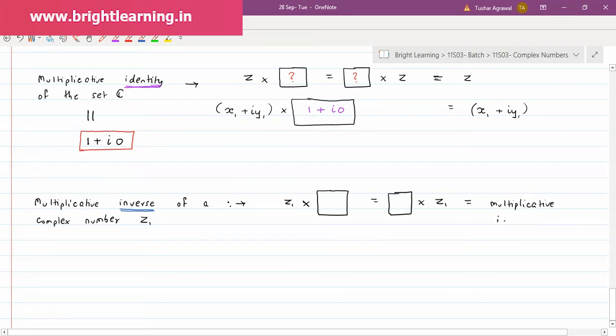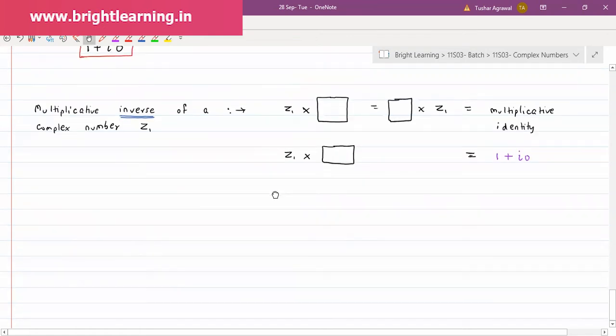So the answer should be the identity with respect to multiplication. And what is my identity with respect to multiplication? It is 1 plus I times 0. So Z1 multiplied by some box should be equal to 1 plus I times 0.